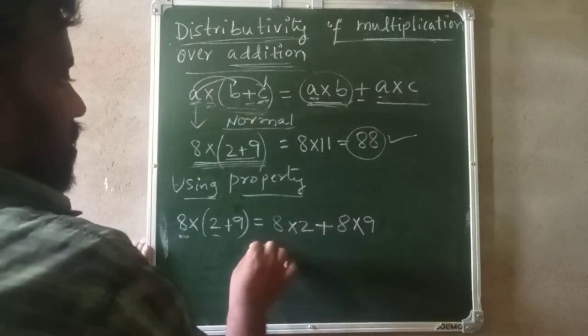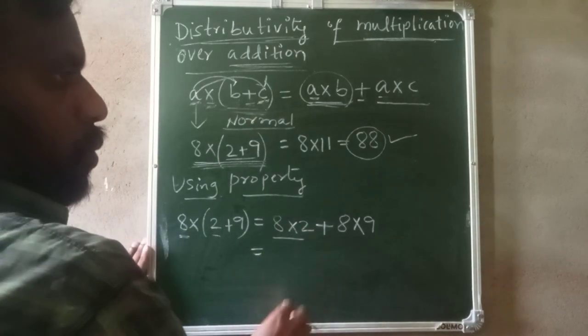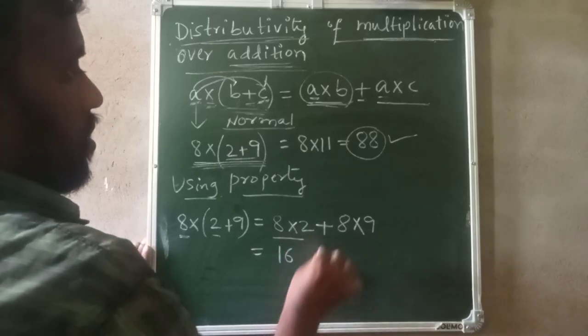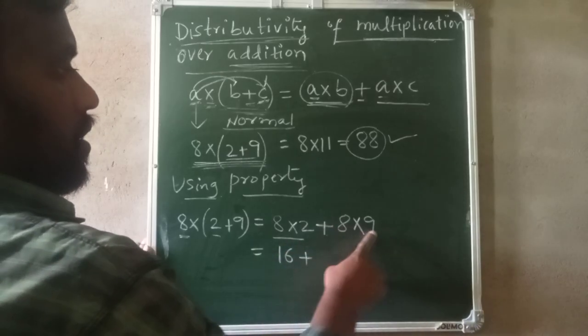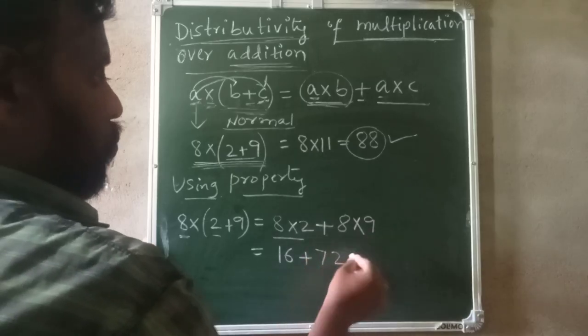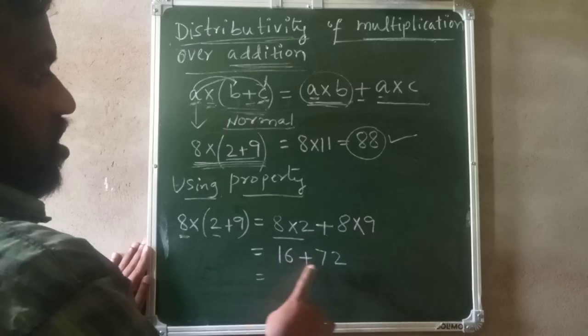Now 8 twos are 16, plus you write as it is, next 8 nines are 72. We have to add the 16 and 72.